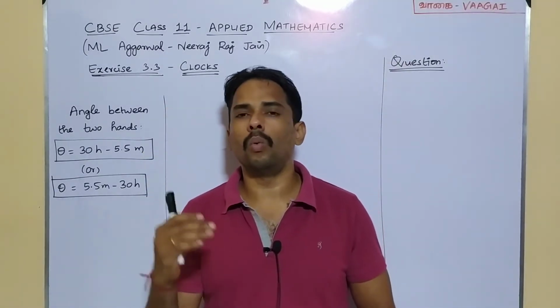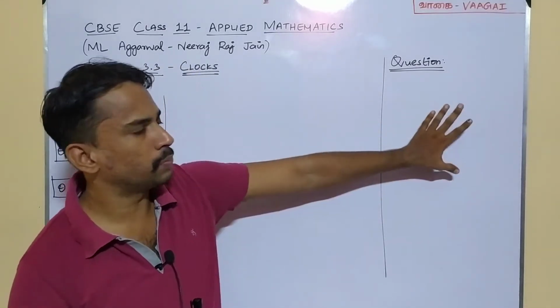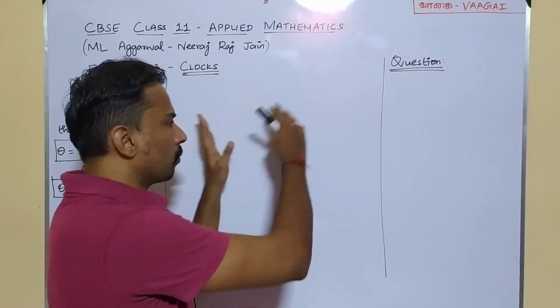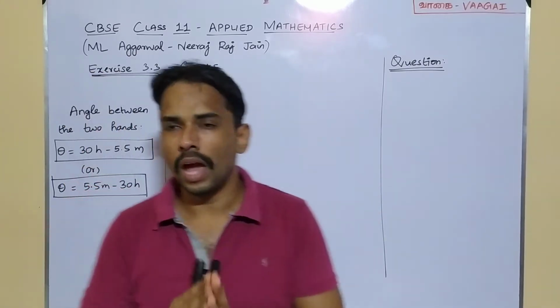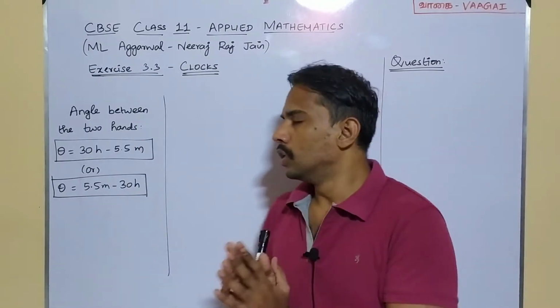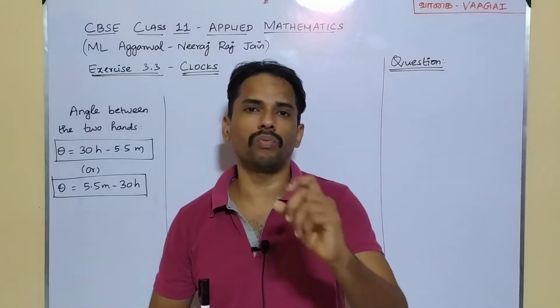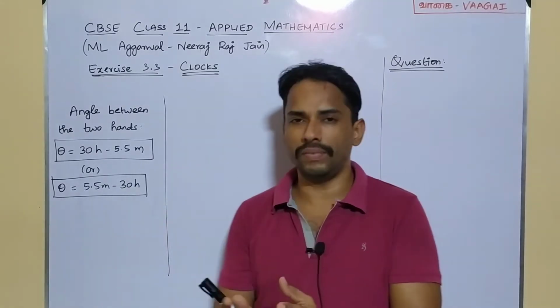We are going to solve them one by one. As usual, I am going to use this space for writing the questions, and this area for solving the problems. I have written a few important basics here. The very important thing in solving clock problems is that you need to find the angle between the two hands.